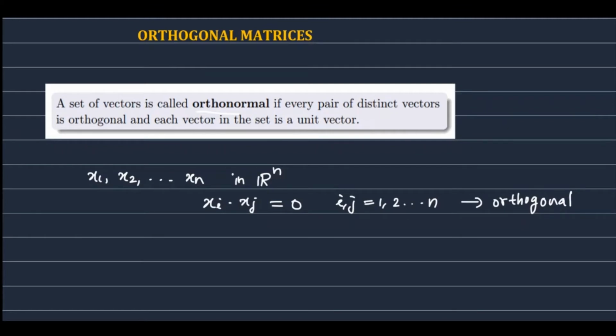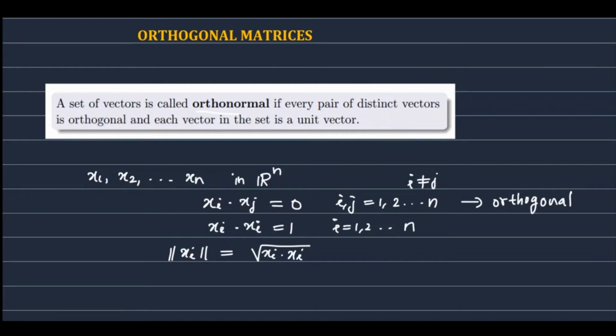Now to get orthonormal vectors, their length should be 1. So for that we should have xi dot xi equal to 1. When i and j are equal, xi dot xi should be equal to 1, where i varies from 1 to n. That is its norm, as we know that the norm of xi is defined to be the square root of xi dot xi.